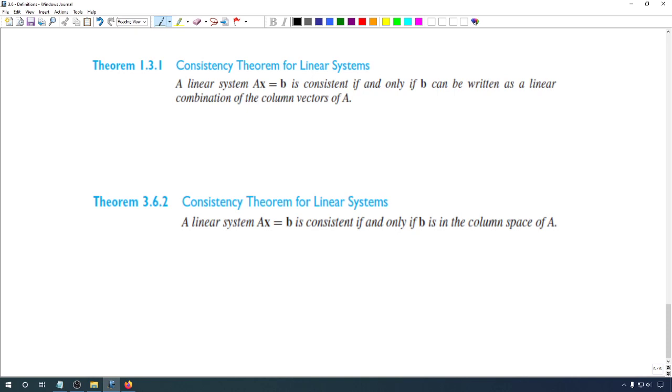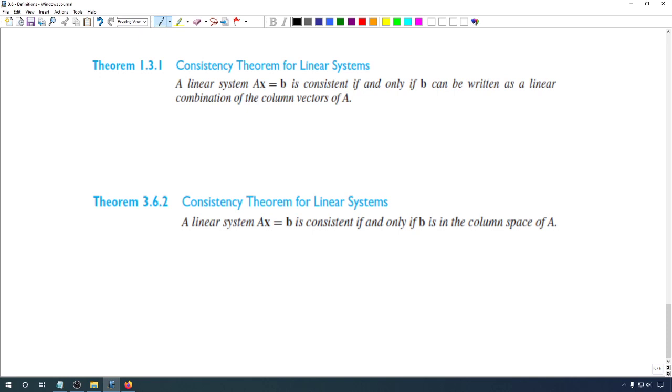But one important theorem that we want to talk about is this consistency theorem, as the book puts it. Remember back in section 1.3, a ways back, we had a theorem that said a linear system AX equals B is consistent if and only if B can be written as a linear combination of the column vectors of A. Well, that's exactly what the column space is. It's the collection of all linear combinations of the column vectors.